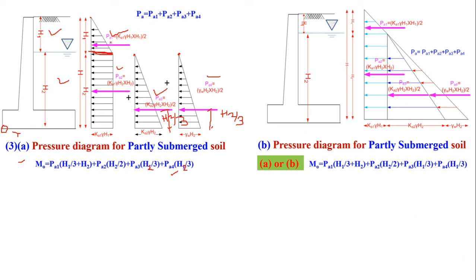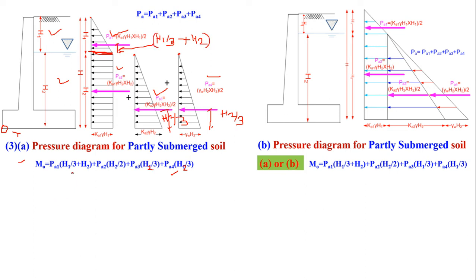Now the moment of PA1 and PA2. From the base we know the distance is H by 3, and here H is H1. So H1 by 3 is the distance of PA2 from the water level, but we want the moment at the toe. So the lever arm, or perpendicular distance, is H1 by 3 plus H2.